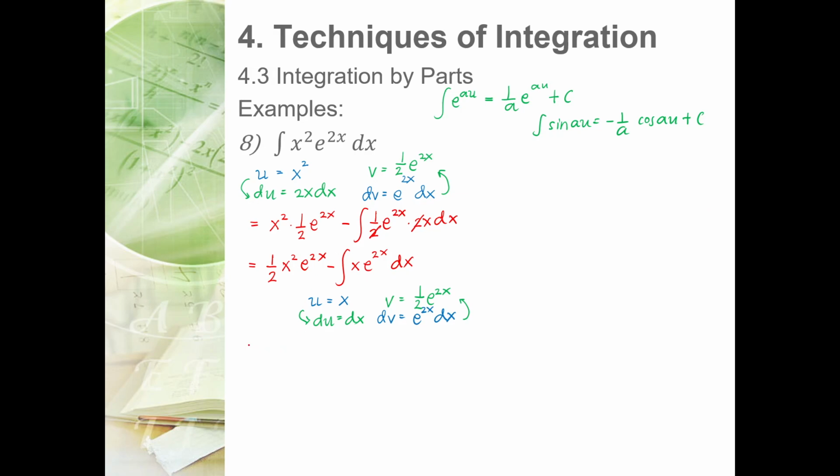Okay, so we now have 1/2 x squared e raised to 2x, and then minus the answer of the integration by parts, that's uv. So x times 1/2 e raised to the power of 2x minus the integral of v du.